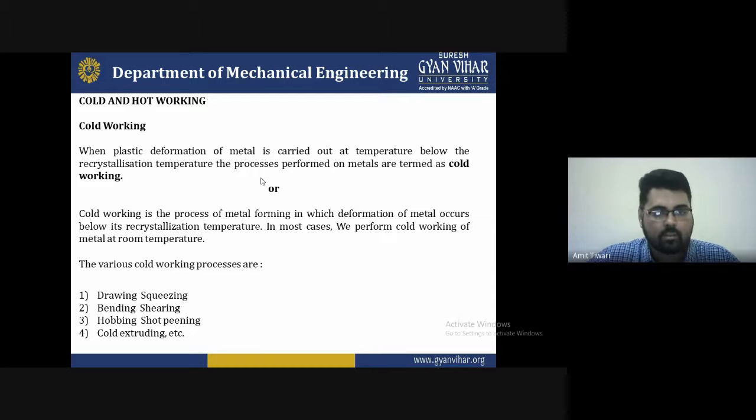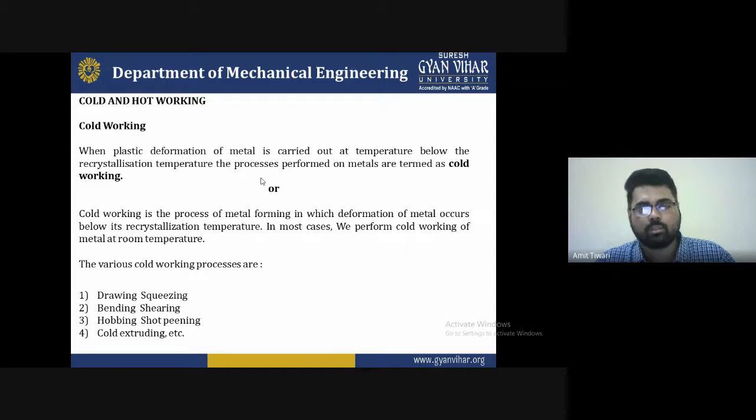I hope you understand. The various cold working processes are: first, drawing; second, bending and shearing; third, spinning and shot peening; fourth, cold extruding, etc. So these are the four types of cold working processes, and we will discuss them one by one.